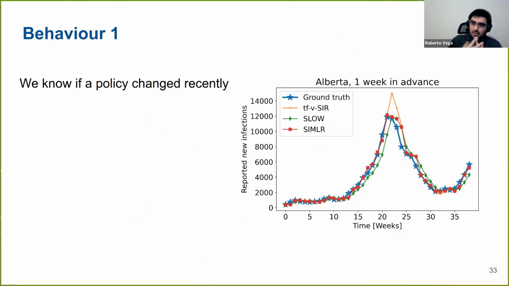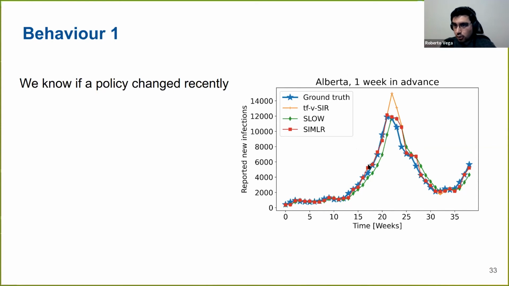So again, there are basically 2 behaviors that we can observe in SIMLR. The first one is when we know that a policy changed recently, for example, we make the prediction 1 week in advance, we can check if we made a change in the policy this week, 2 weeks ago, or 3 weeks ago, and we observe everything. Then the model basically acts like a switch.